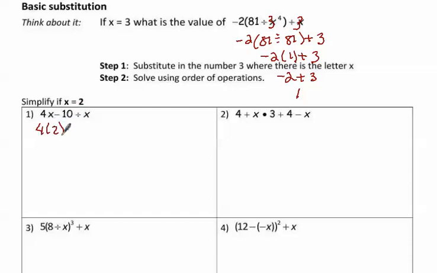First step, I'm going to substitute the value 2 in for all of my x's. There's no grouping, there's no exponents, so I'm going to multiply and divide from left to right. 4 times 2 is 8.